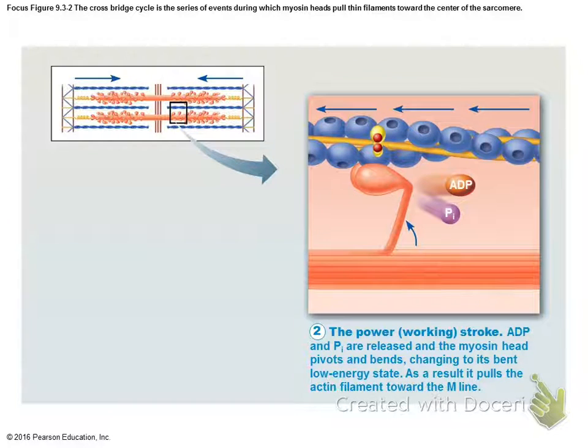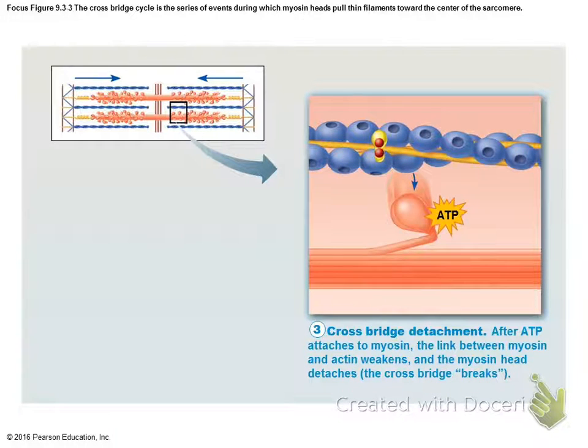After we form the cross bridge, we have the power stroke, where the myosin head literally pulls on the actin filament to pull it toward the M line, the middle of the sarcomere. And as it does this, it has to release the ADP and the phosphate group. That is really important, because that gets us ready for our next step, where the myosin head has to detach.